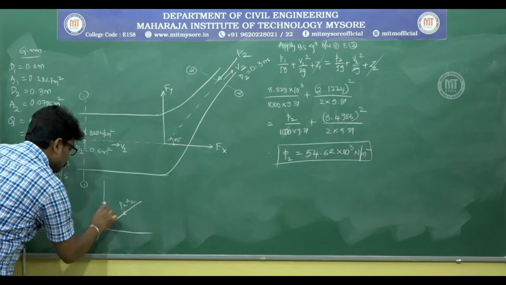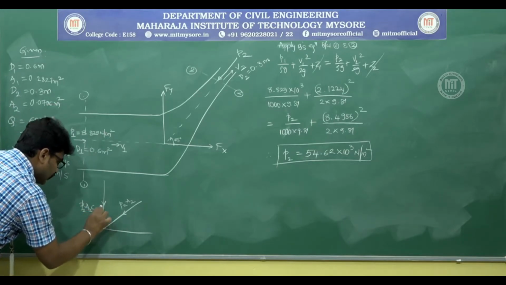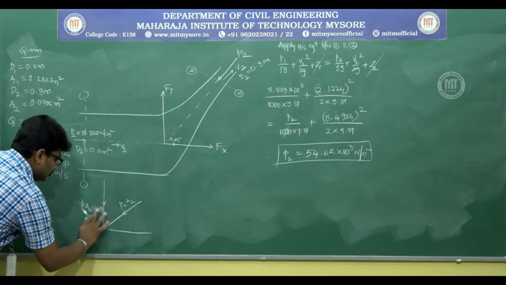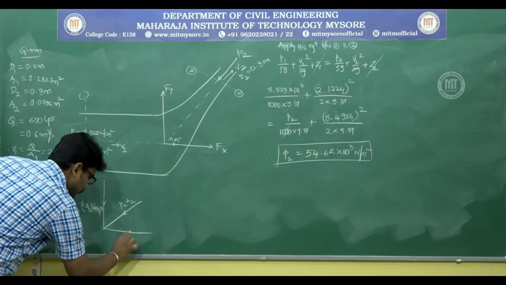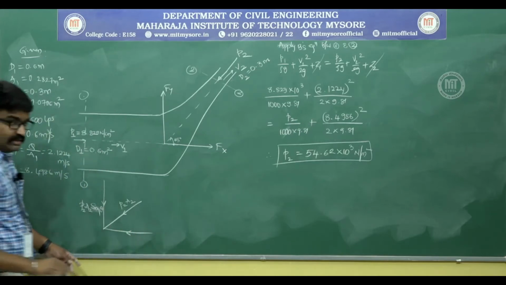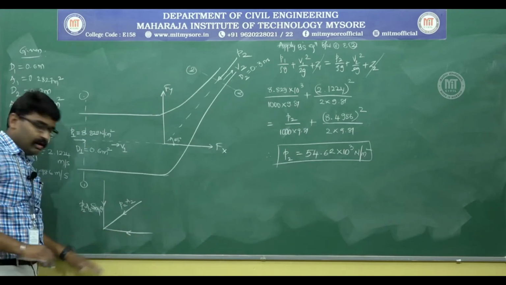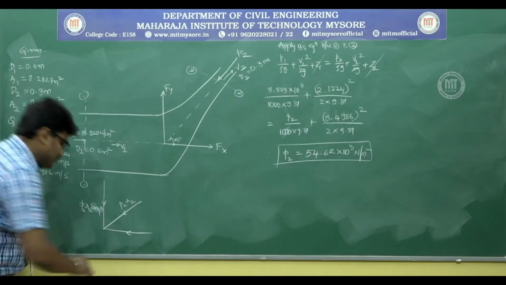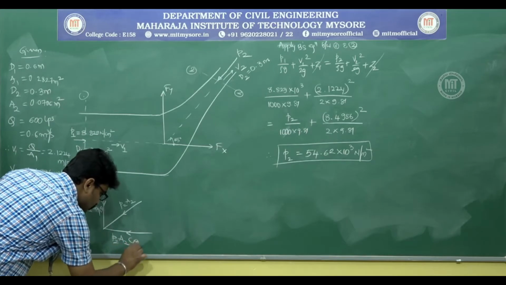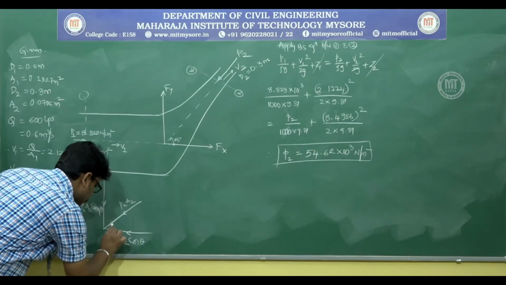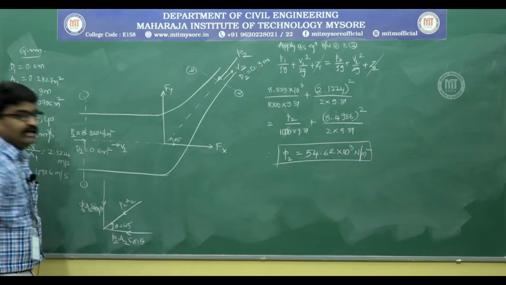So, this must be equal to P2A2 cos theta, P2A2 sin theta in the vertically downward direction, and in the negative x direction, please be careful, since it is inward this has to be also inwards, it becomes negative x direction.